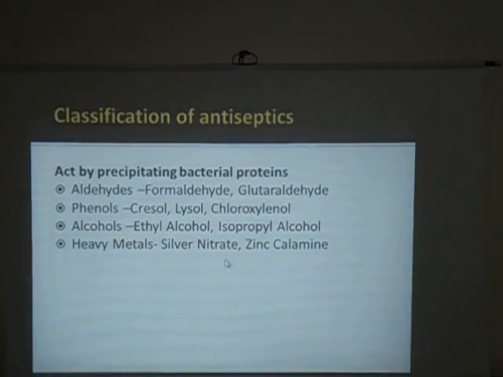Then we have alcohol. Where do we use ethyl alcohol? Most commonly for wound dressing. Ethyl alcohol and isopropyl alcohol. Silver nitrate: have you heard of silver nitrate eye drops? Eye ointments are available. Then zinc calamine. Have you heard of zinc? Zinc is a popular astringent which has varied uses now.